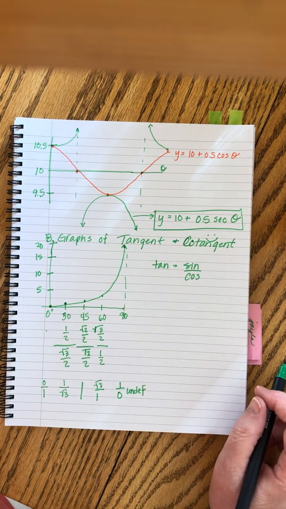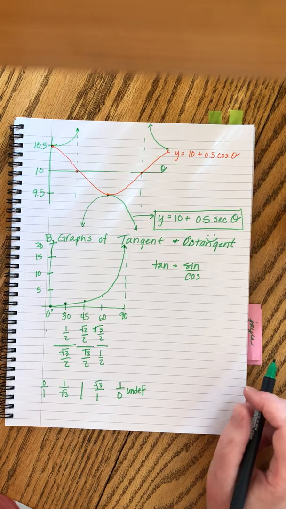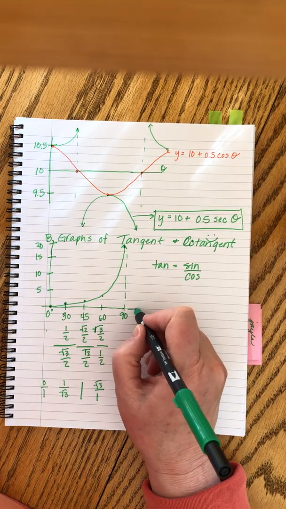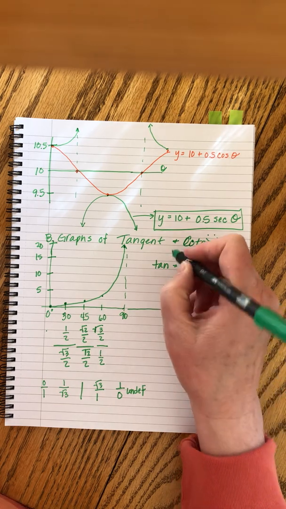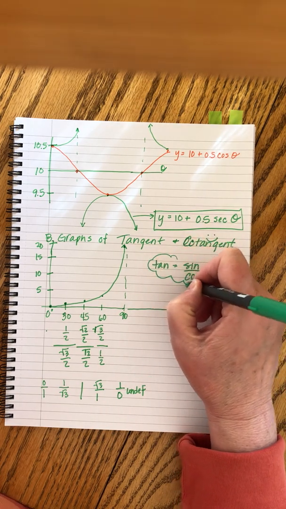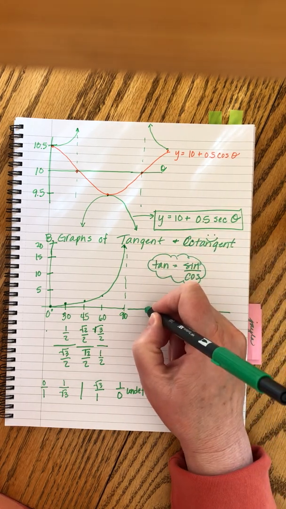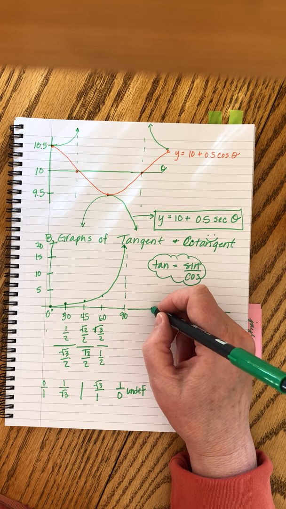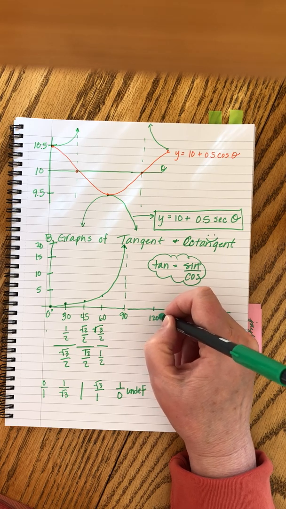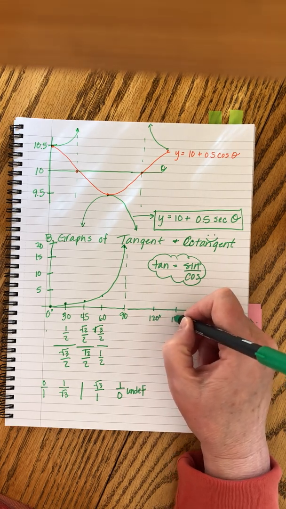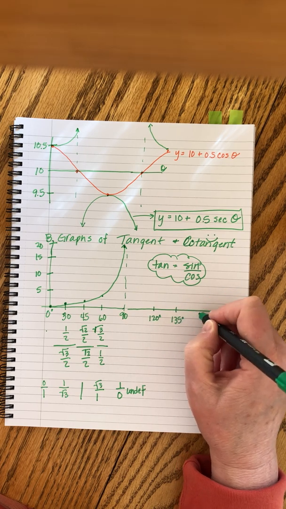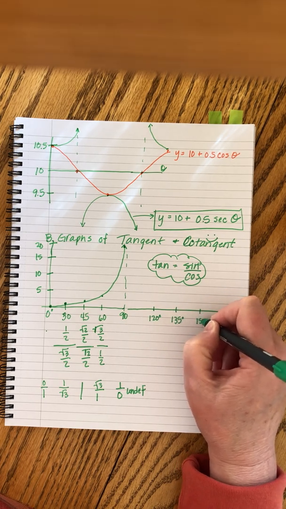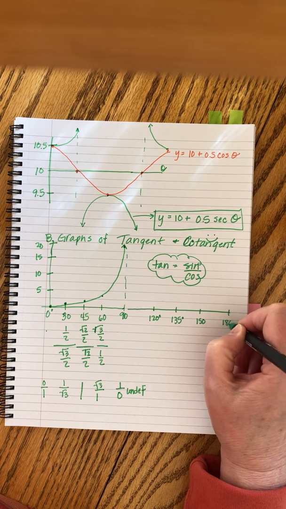Okay? Now, if we look in the second quadrant, so we're going to extend this out. Pretend this isn't here. We're just going to work over the top of it. Let's go to our next set of degrees, which are 120, 135, 150, and then 180.